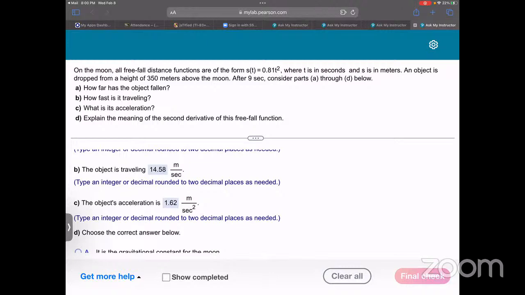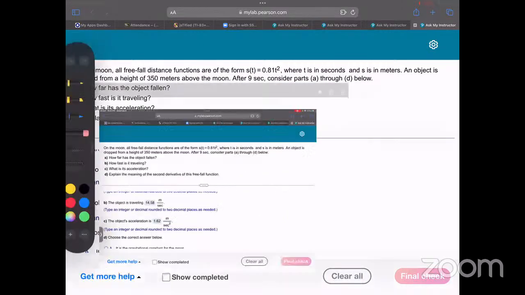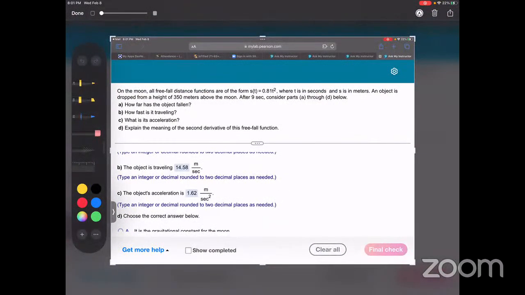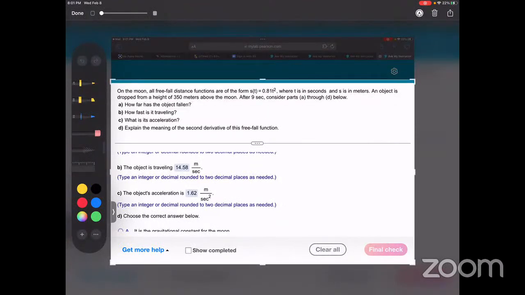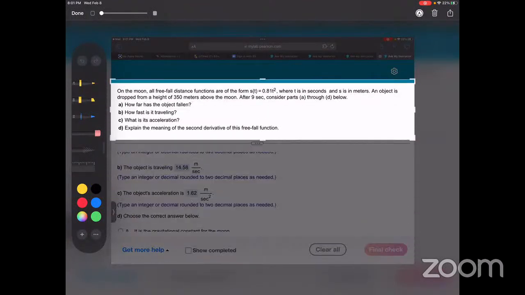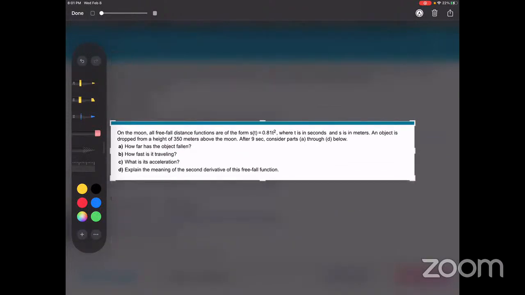Okay. Could you write it down? Sure. So let's see. I really just need that function. If we had the question ID, but I'm going to just focus on this right here. Copy and delete.